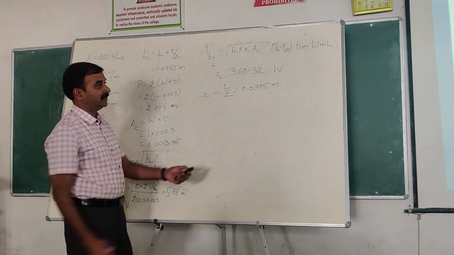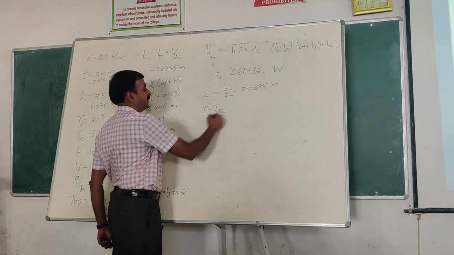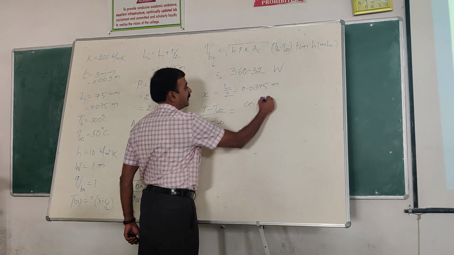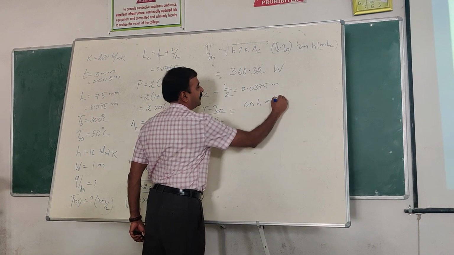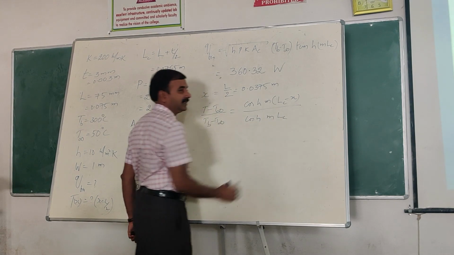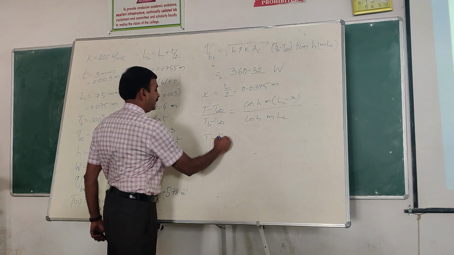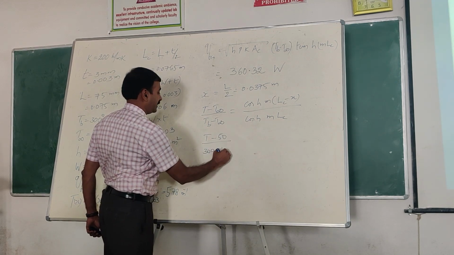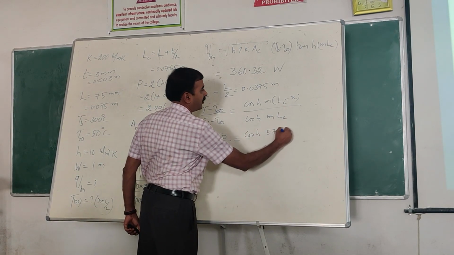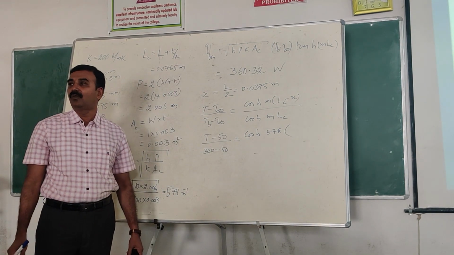So now the equation is this: (T minus T infinity) by (Tb minus T infinity) is equal to cosh m(Lc minus x) by cosh(m Lc). T is unknown. T infinity is 50. 300 minus 50 times cosh of 5.78 into (0.0765 minus 0.0375) divided by cosh of 5.78 into 0.0765. There is absolutely no need for you to talk now.